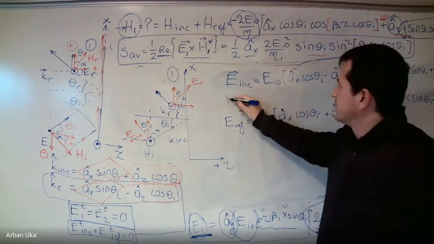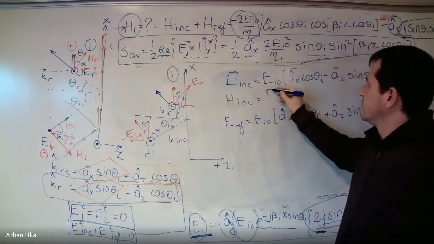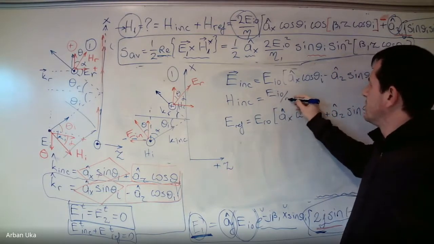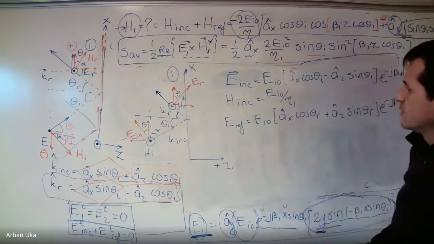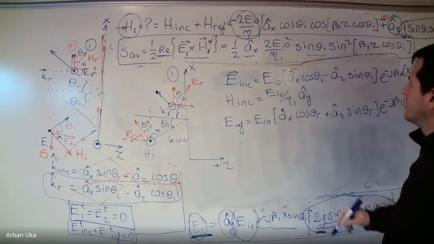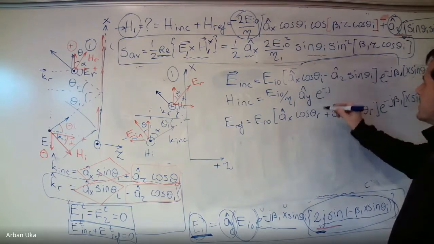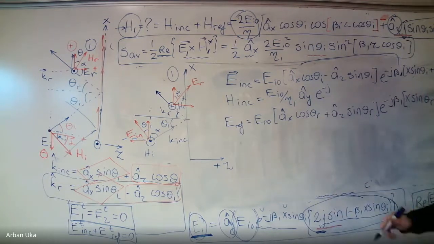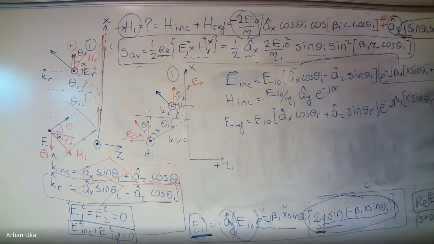We immediately go and write down the incident magnetic field intensity, which is going to be equal to EI0 over eta 1. It is pointing out of the board, so we multiply this one with AY. Then we write down the spatial projection term, e to the power minus j beta 1 times whatever is in here.